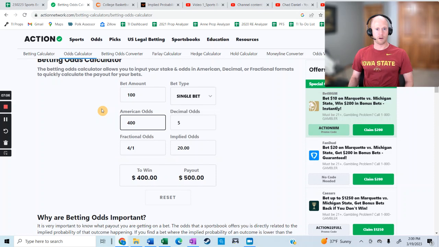Then you go to 400, for example, and the probability drops to 20%. And again, with the casino taking their money, you're going to win a little bit less than 20% of those games. So you're going to have to play an average of 5 to lose 4 and win 1.